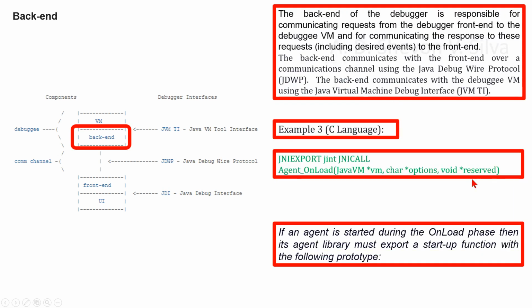As an example 3, we can consider this one in C language, this code segment. If an agent is started during the OnLoad phase, then its agent library must export a startup function with this prototype.